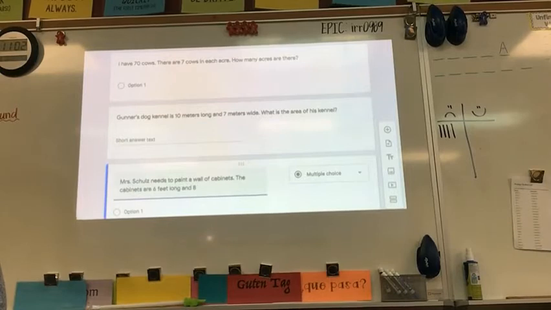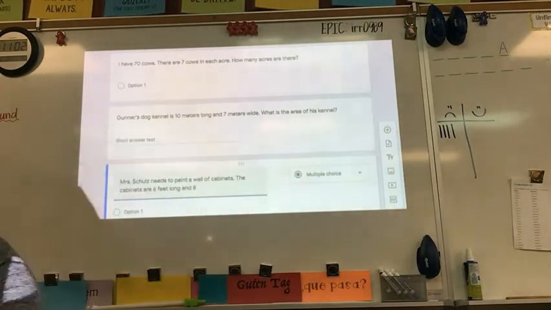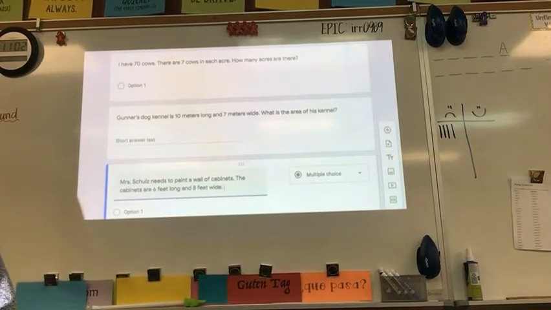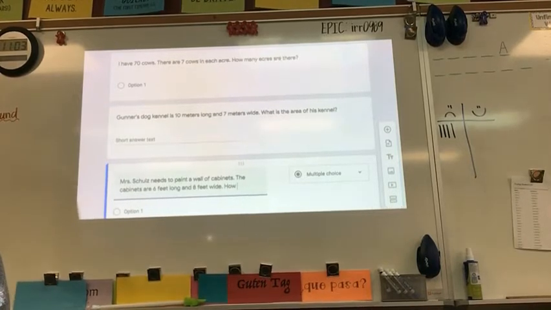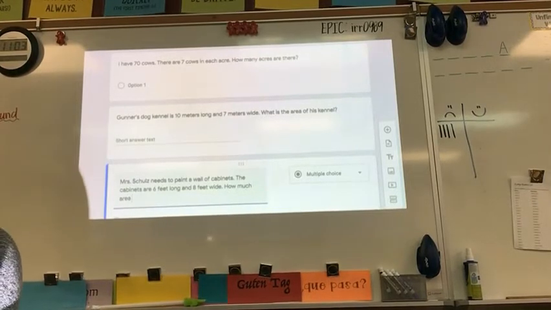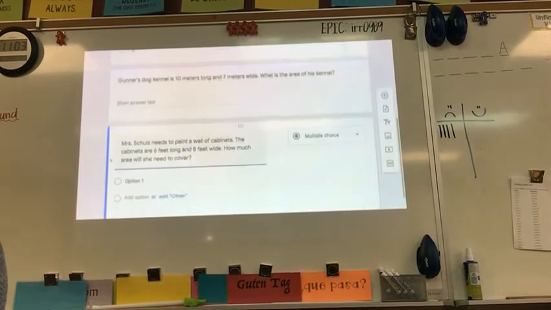Let's stick with, if you're doing 6 feet long, then for wide, we're going to stick with feet also. 8 feet wide. How much area will she need to cover? Very good.